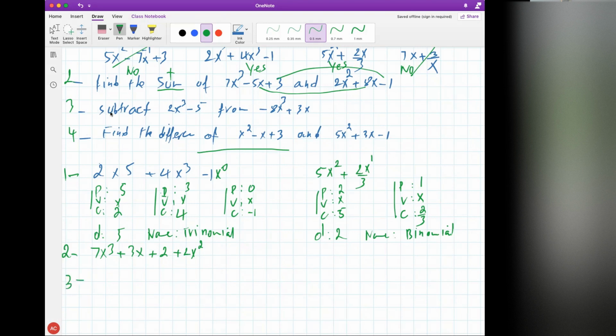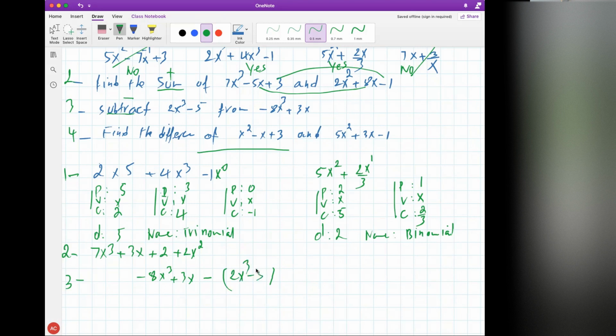Subtraction. So be careful again. Which one goes first? -8x to the third should go first. So you're going to subtract like this: -8x³ minus, plus 3, and you're going to distribute 2x minus 5.